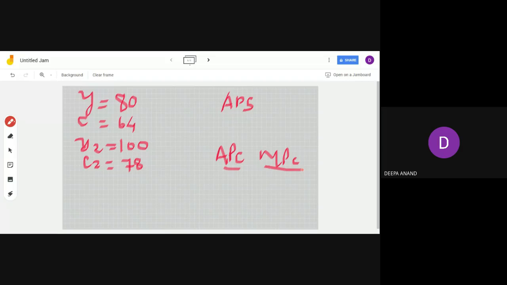Understand the question? In this case, you have to find out what is APS, and then change to the new income and the new consumption. The new income is 100 and the new consumption is 78. With that, you have to find out APC and MPC.